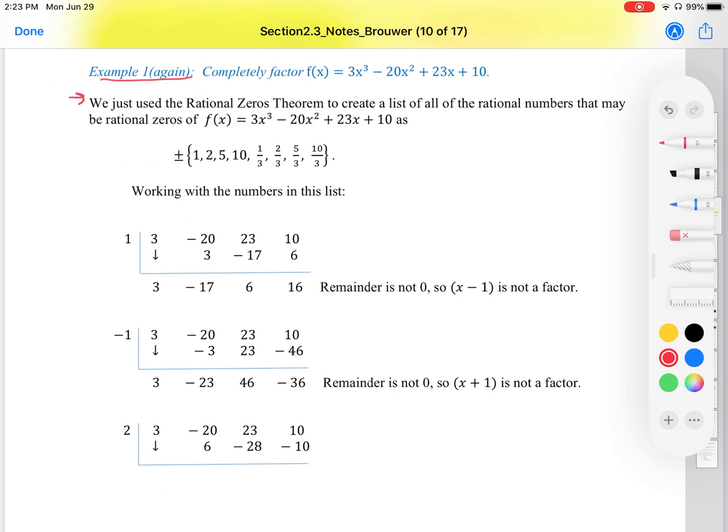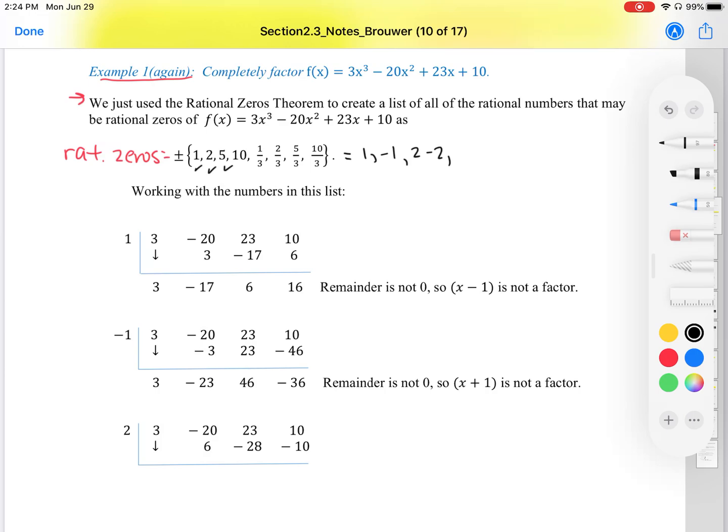Moving forward, we just use the rational zeros theorem to create a list of all rational numbers that may be rational zeros. And this is our list. So these are all the possibilities. And if you want to, you can expand this list fully. So I have 1 and -1, plus or minus. I have 2 and -2.